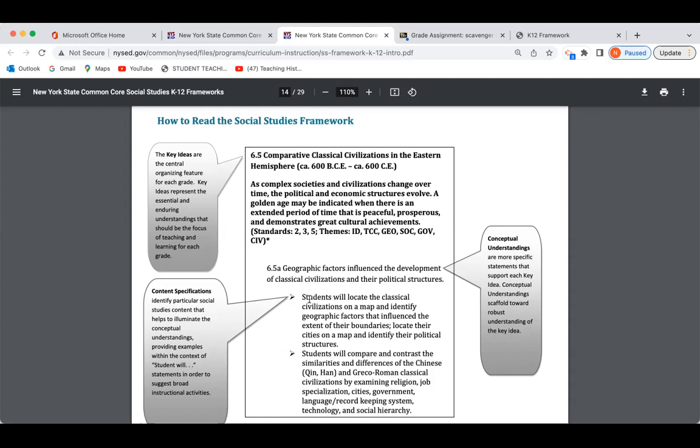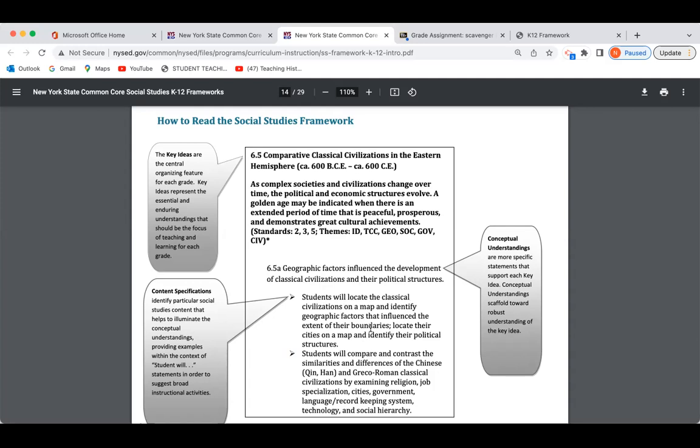So that actually has a couple of different objectives in there.